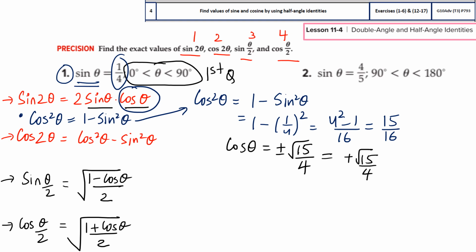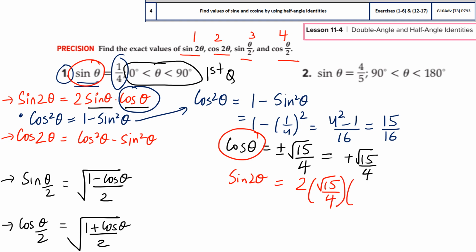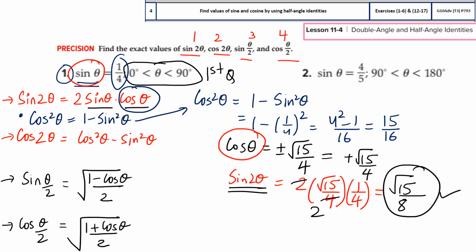Now I have cos theta value, already sine theta value is given in question, so we can plug it in here, and then my final answer for sine 2 theta will be 2 multiplied with the value of cos theta multiplied the value of sine theta. Now you can cancel 2 with this. So it's going to be square root 15 over 4 multiplied with 2, 8. So your final answer for sine 2 theta.